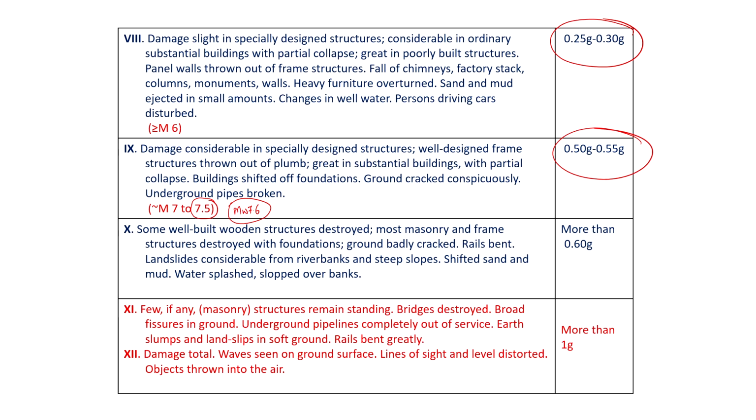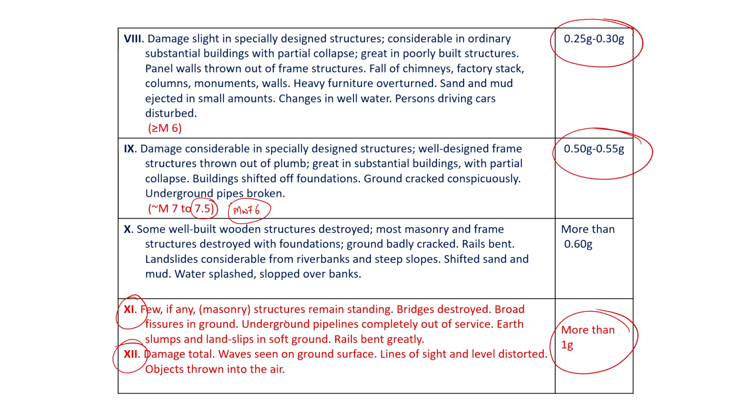But if you have a massive earthquake, then the ground acceleration may go above 1 g, which gets into intensity 11 and 12.